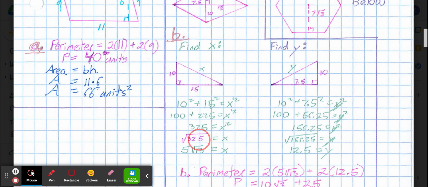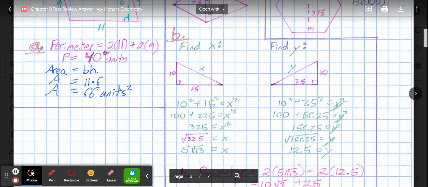So X is the square root of 325, which we can simplify down to 5 square roots of 13, because the square root of 325 is the same as the square root of 25 times the square root of 13, and the square root of 25 is where this 5 comes from. So we know X is 5 square roots of 13.